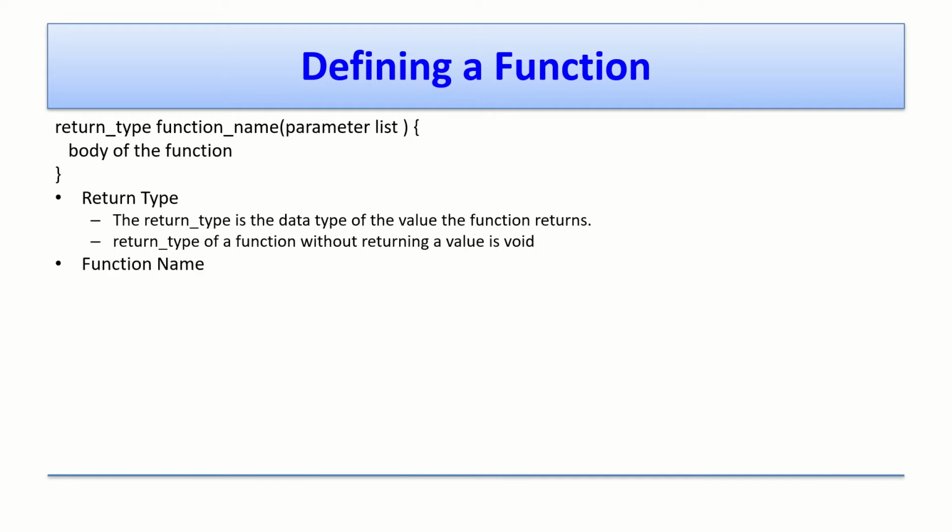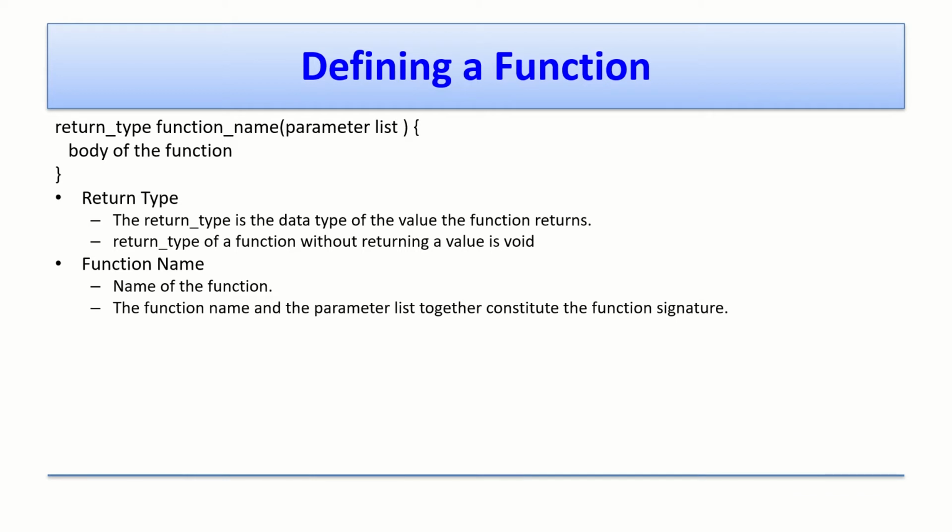And then next one is the function name, or function identifier. This is the name of the function. The function name and the parameter list together we call the function signature. Usually the name of the function along with the parameter list is the signature of the function.